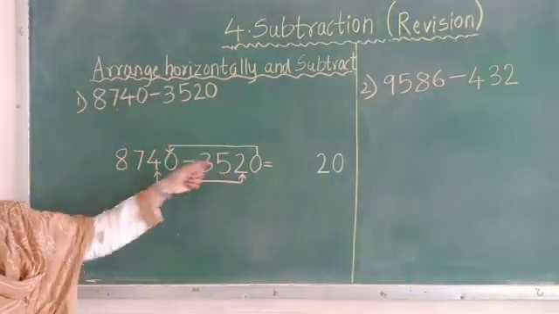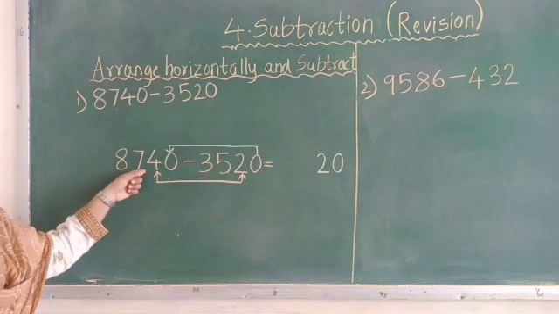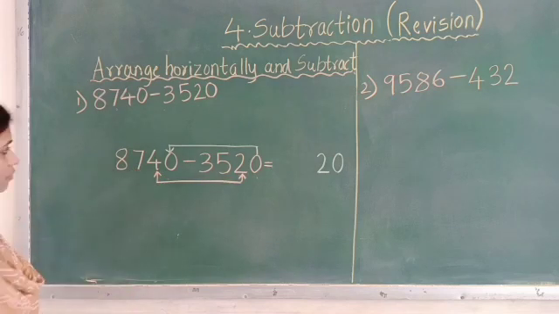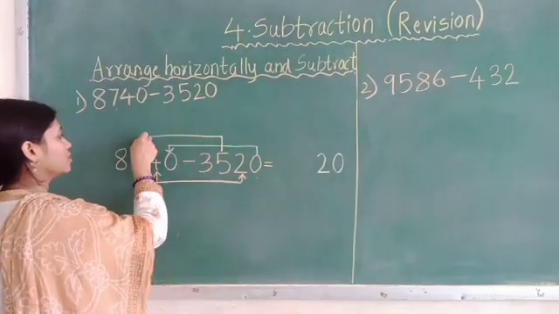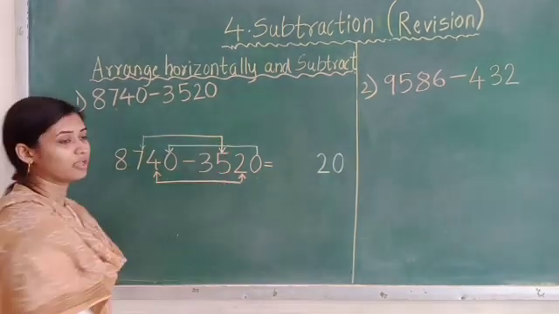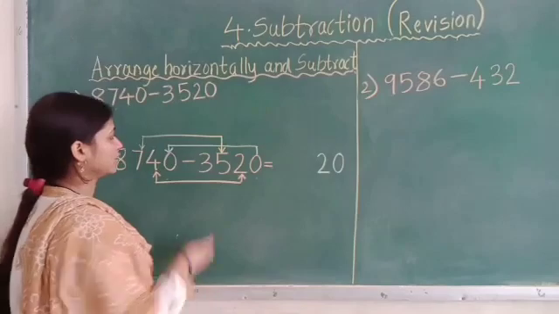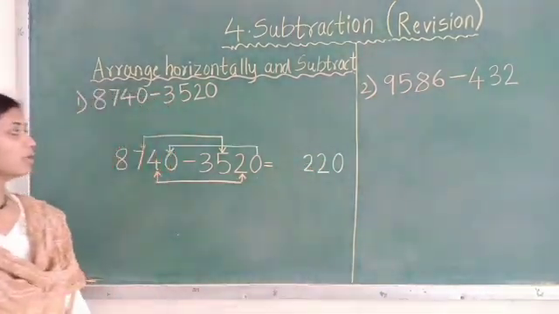Now we will see the number in the hundreds place. 5 in the hundreds place here and 7 in the hundreds place here. So 5 we will subtract from 7. 7 minus 5 is how much? 2.